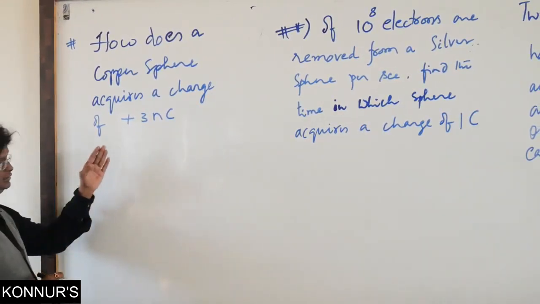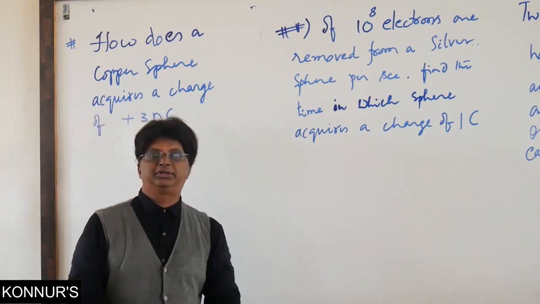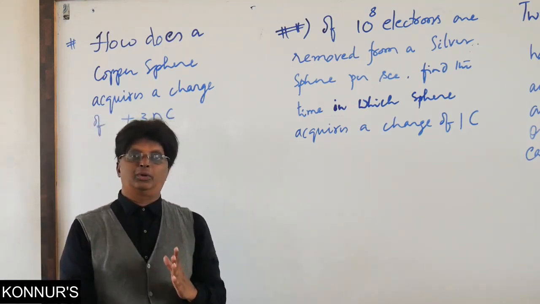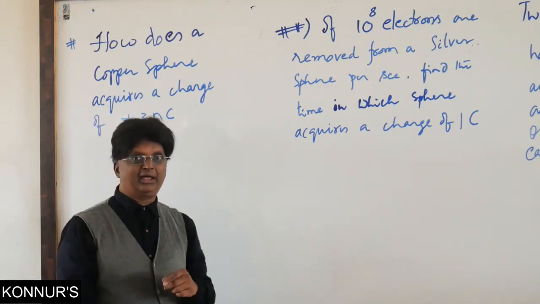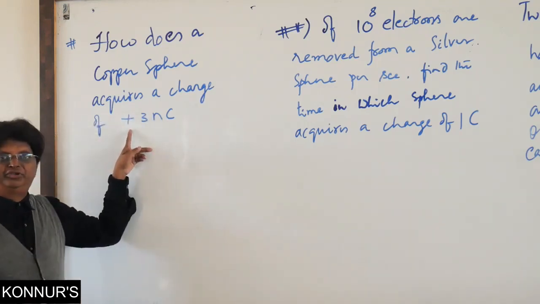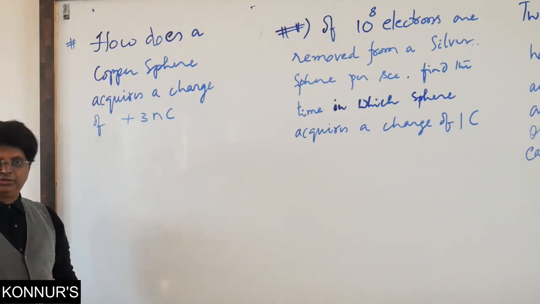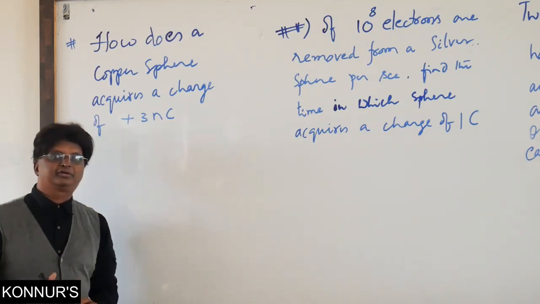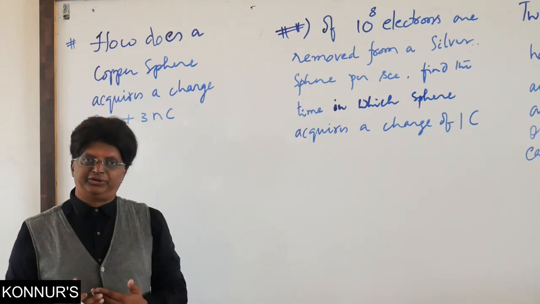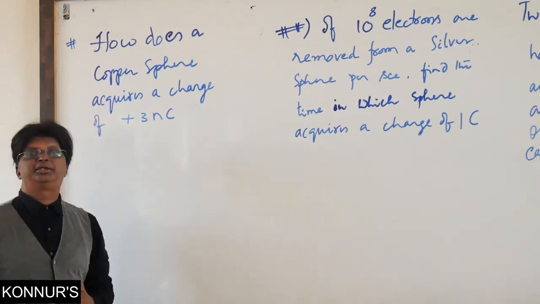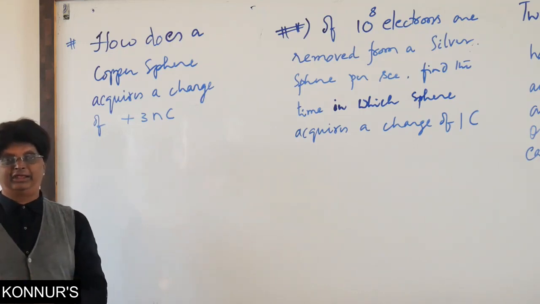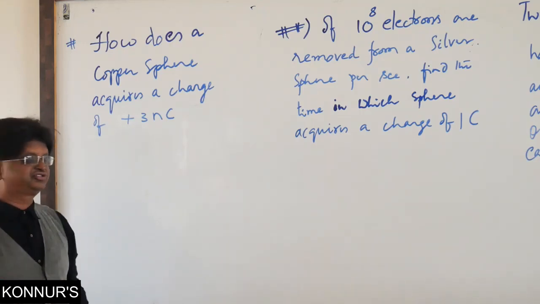Now we know that by the modern electronic theory, a conductor acquires excess charge by loss or gain of electrons. Here it is going to be positive charge, and as you remember, loss of electrons gives excess of positive charge. With the same concept of quantization, loss or gain of electrons gives excess charge.